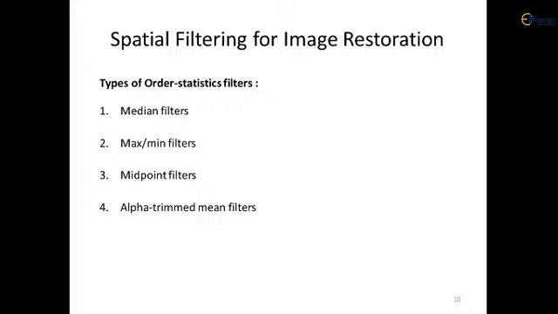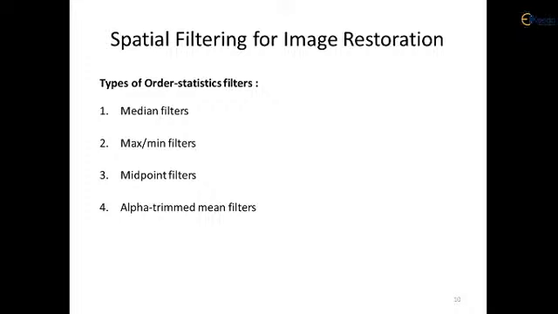One by one we shall go into the details of all these four filters. Just be clear in your concept that all these four types of filters work on a certain criteria of ordering the pixel intensities and finding the resultant image pixel intensity by the statistics here.